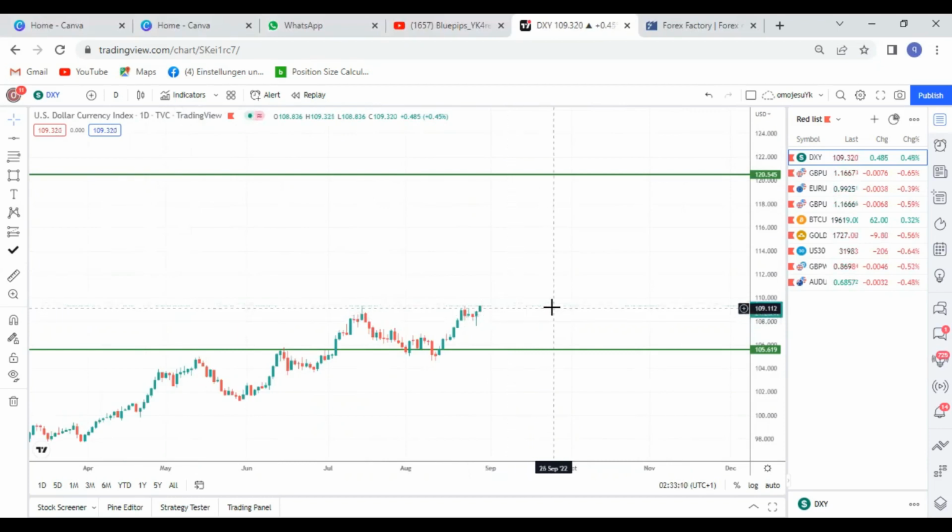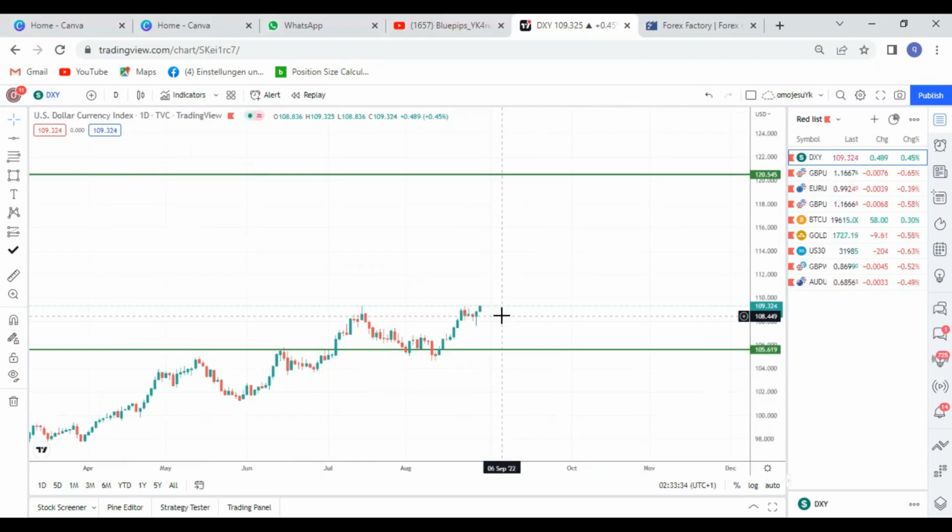Any pair where the base currency is USD is going to follow DXY, like USD JPY. When DXY is buying, USD JPY is going to buy. But any pair where the quote currency ends with USD, like Euro USD, is going to go the opposite direction. I hope you get that.